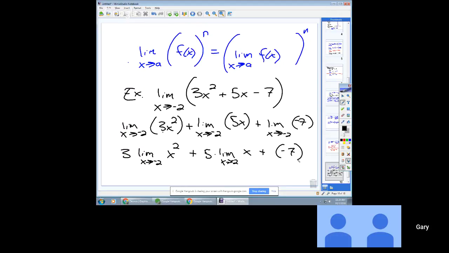So this property says put the -2 in here and then apply the square. -2 squared is 4. So in the end, we get 3 times 4 plus 5 times -2 plus -7. Basically this ends up being like just evaluating the function at -2. What is it? -9?